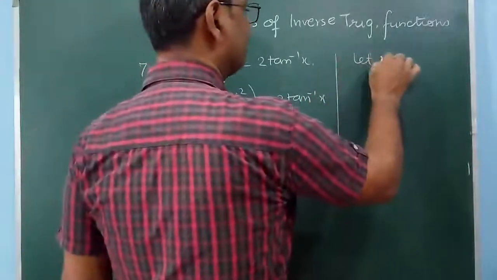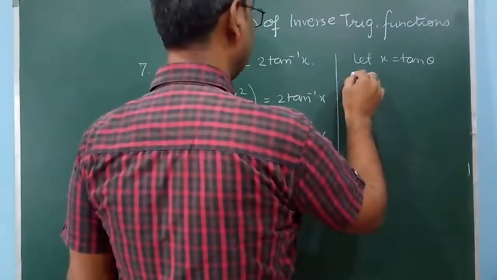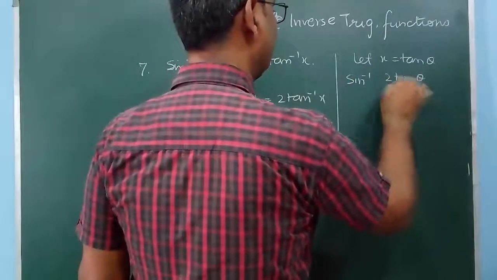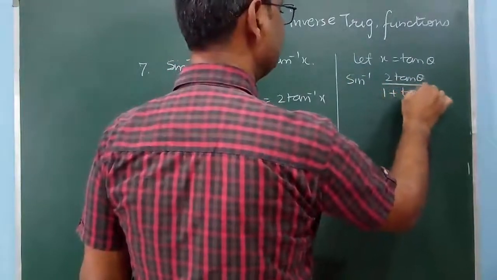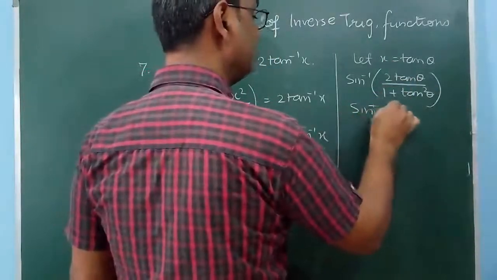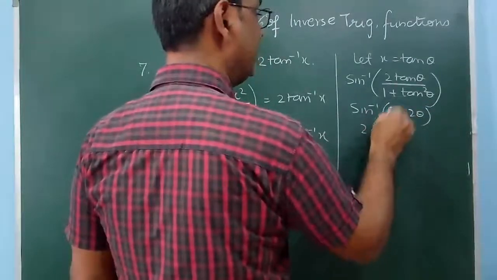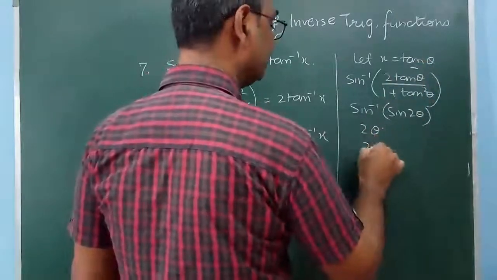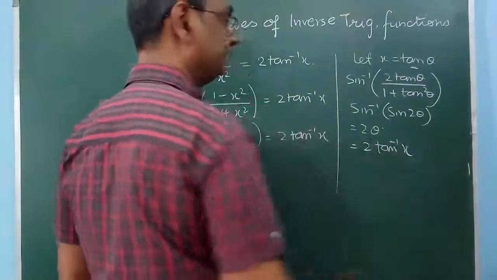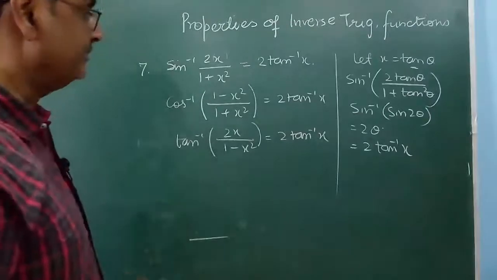Let x equal to tan theta. So it will be sine inverse of 2 tan theta upon 1 plus tan square theta. This is the formula for which one? This is the formula for sin 2 theta. So this will be 2 theta, and what is theta from here? Theta is tan inverse x. This is in the case of sine.